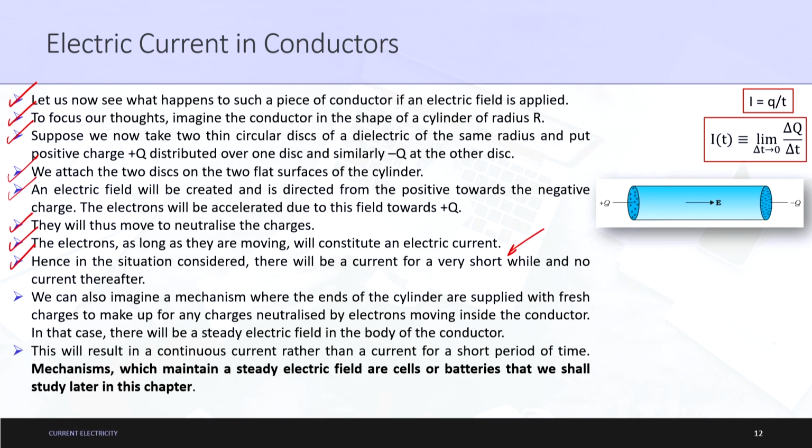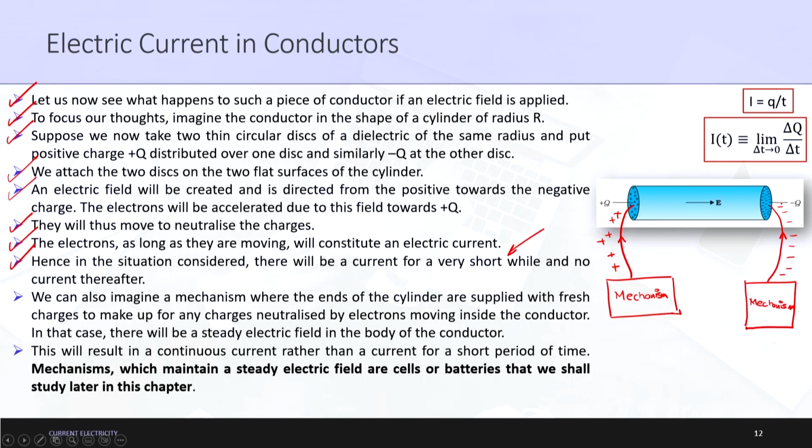So, what does it try to say is, let us suppose these dielectric discs are attached to a mechanism. So, let us say this be that mechanism, which is supplying positive charges here and negative charges here.